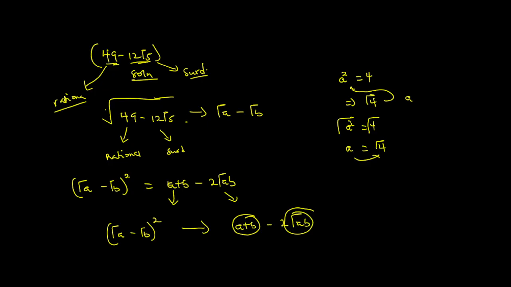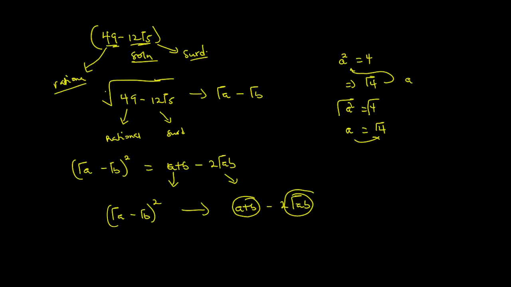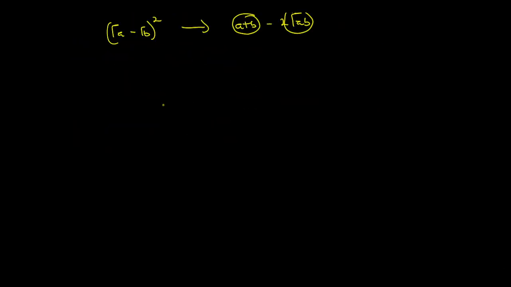So now, let me make it more clean. We are finding the positive square root of 49 minus 12 root 5, right? This is the number that we have, and we are being told to find this one, square root of 49 minus 12 root 5. Now, you know that when I square this one, I'm going to get this, right?